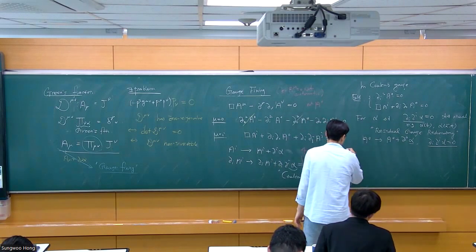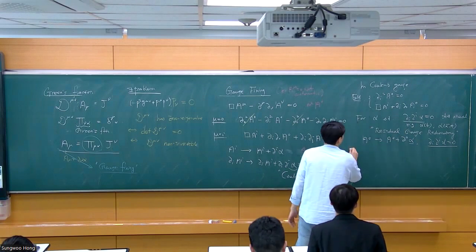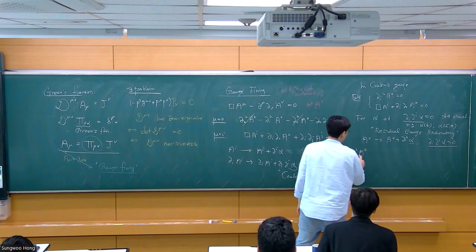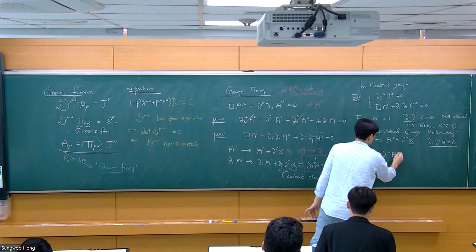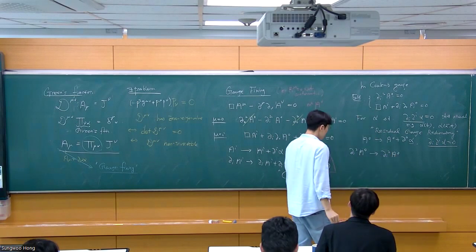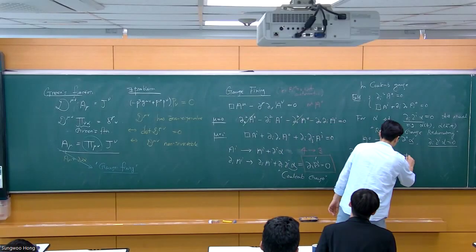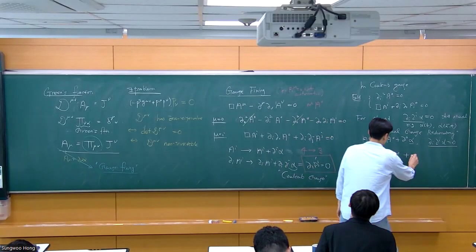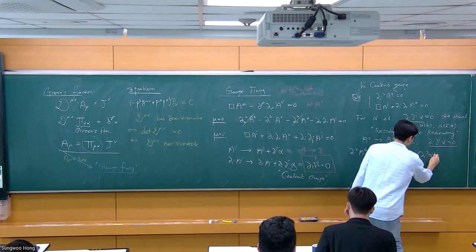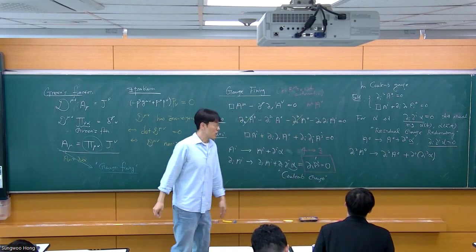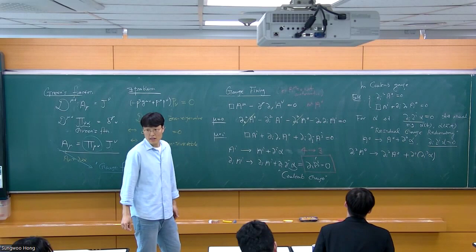What does that mean? What that means is the following. In Coulomb gauge, under the residual gauge transformation, the equation of motion for A0 goes to this, and then A0 plus partial 0 alpha, right? So this is how the equation of motion changes under the residual gauge transformation.